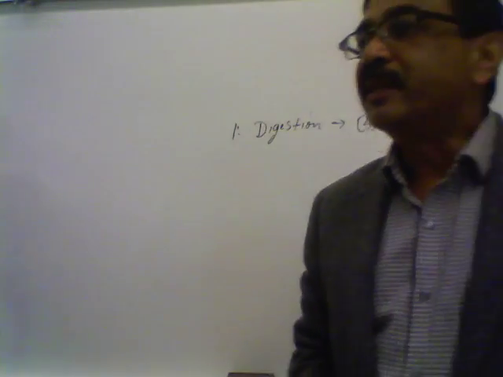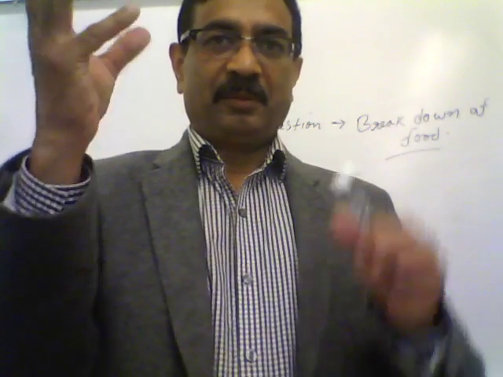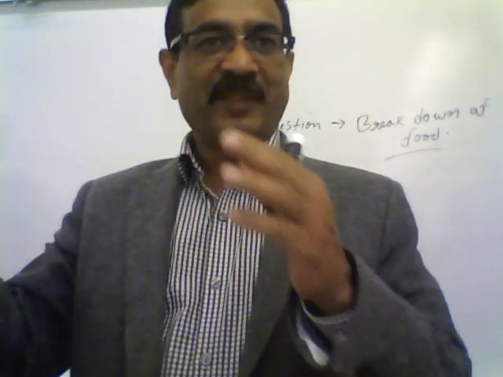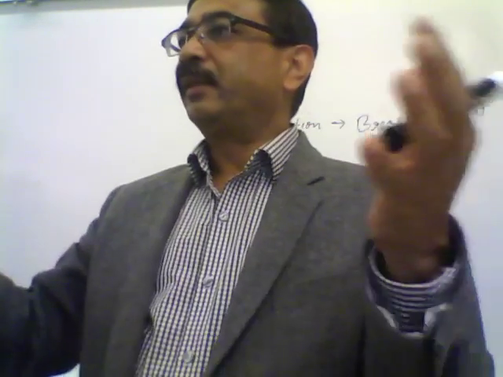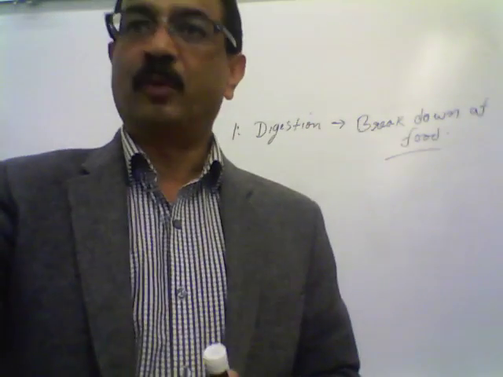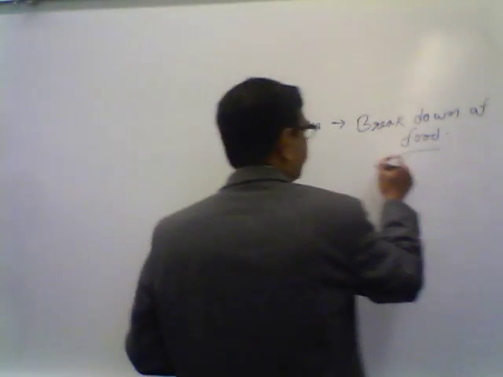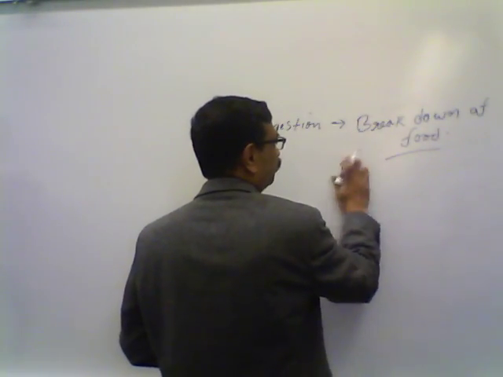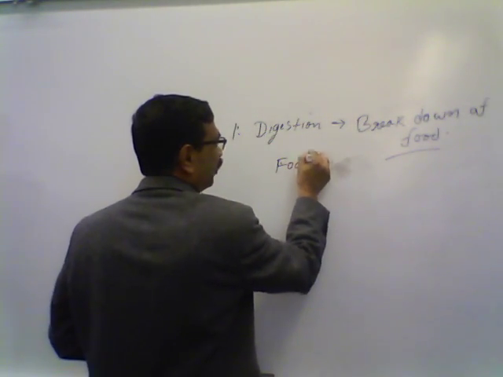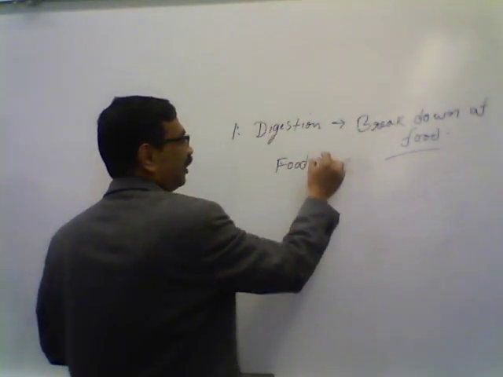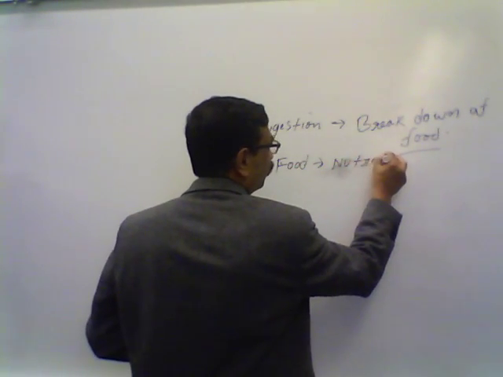Why we need digestion? Because we eat the food as big pieces, right? So it should be broken into very fine molecules called the nutrients. So to produce nutrients, food, by digestion, large food particles are converted to fine nutrients.